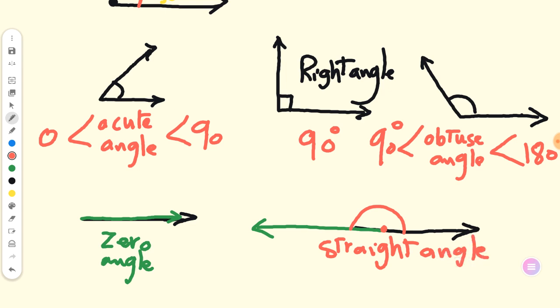Its measure is exactly 180 degrees. Okay, these are the types of angles, and we measure the angle by the protractor.